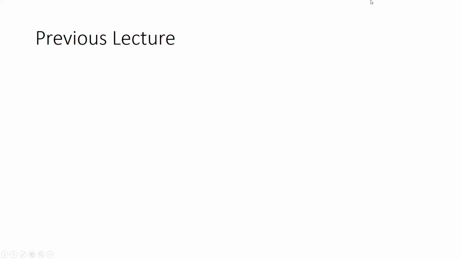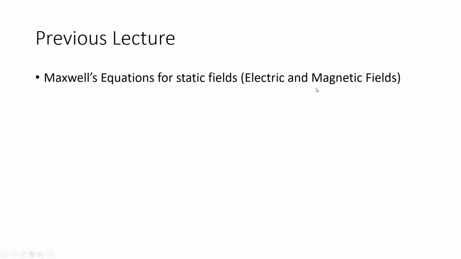In the previous lecture, we have seen Maxwell's equations for static fields, that is static electric and magnetic fields. The meaning of static fields, as we have discussed many times, is that they don't change with time. The Maxwell's equations we have seen are that the divergence of electric flux density is the charge concentrated at the point, and the curl of electric field intensity is equal to 0, which means that the electric field intensity is conservative.